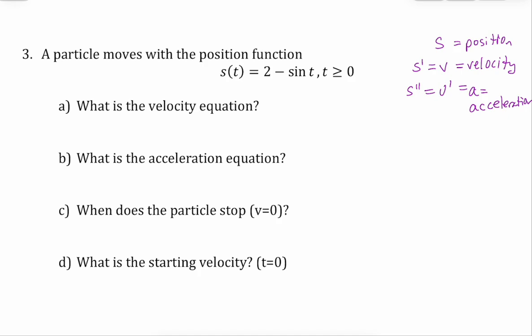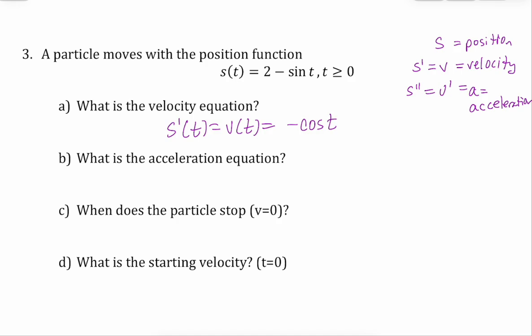In this chapter, we're going forward in that order. In the next chapter, we'll go backwards, or eventually we'll go backwards. I don't remember when. Maybe the chapter after that. Maybe chapter 4. Anyway, the velocity equation, all that we're going to do is take the derivative of the equation that we saw before. So 2 minus sine of t, that derivative is 0 minus the cosine of t.